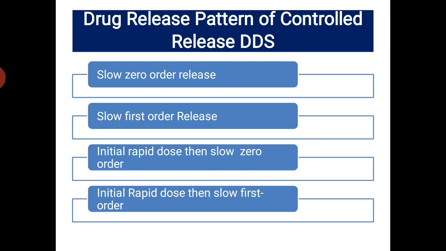You know very well what is zero order and first order. This we have already studied in our biopharmaceutics in the chapter of absorption. And also we learned clearly in kinetics what are the various processes, what is zero order and first order, etc.